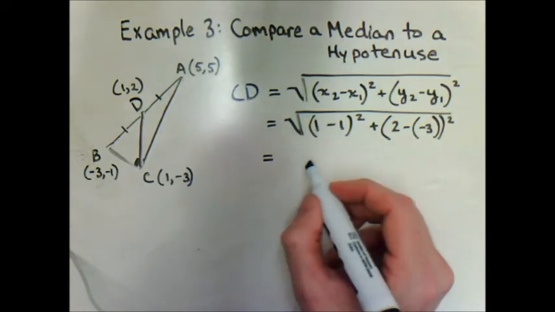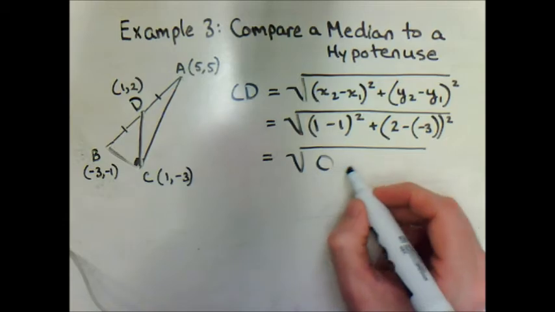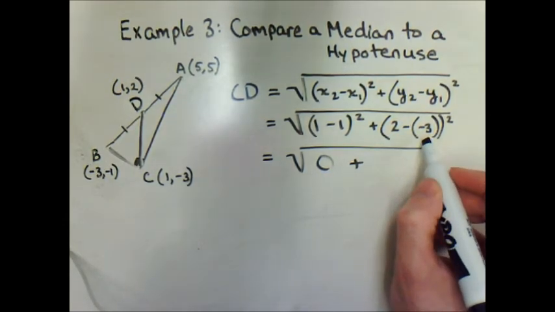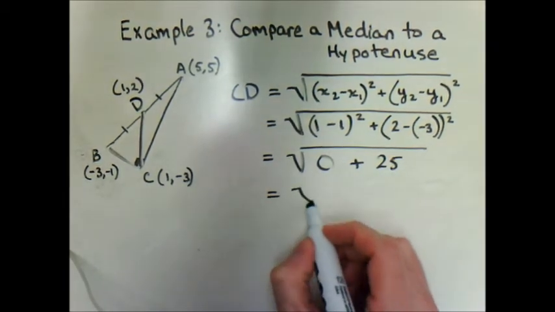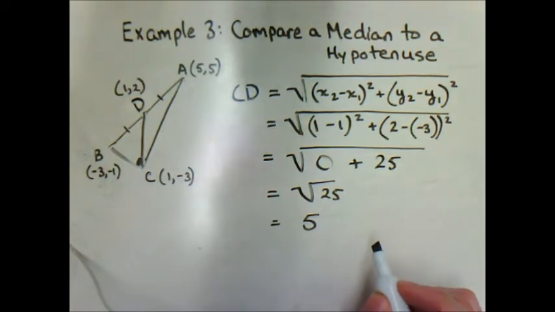1 minus 1 is 0. 0 squared is 0. 2 plus 3 is 5. Squared is 25. This is the square root of 25, which is 5.